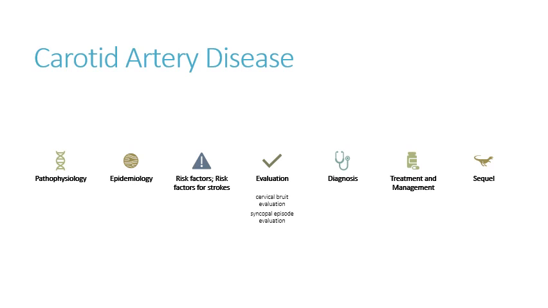So, in the evaluation part, let's say you are a primary care provider and you hear a cervical bruit on someone that has no previous history of anything really. What would you do every time you hear a carotid bruit? You have to order an ultrasound, and by ultrasound, I mean carotid duplex ultrasound.